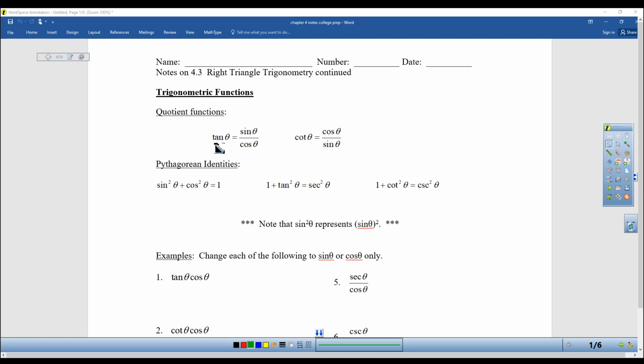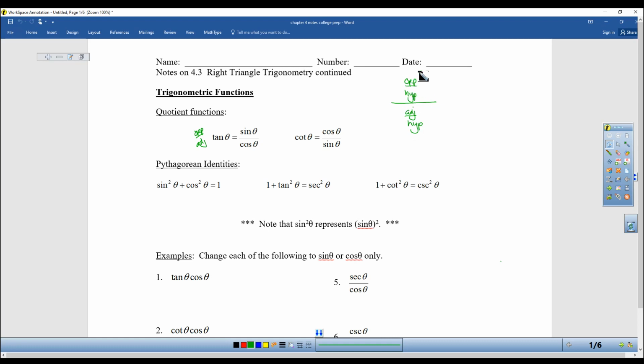So for example, tangent, in addition to being defined as opposite over adjacent, which is how it is in the triangle, in terms of the other five trigonometric functions, is the ratio of sine to cosine. I'll quickly show you why that works. Sine is opposite over hypotenuse, and cosine is adjacent over hypotenuse.